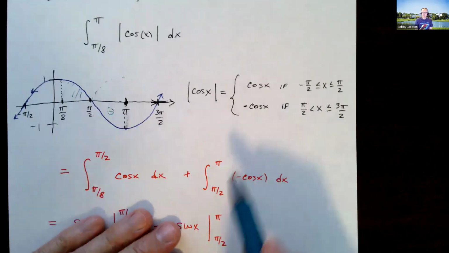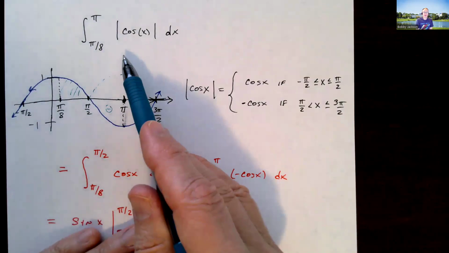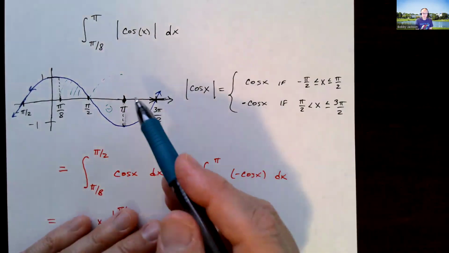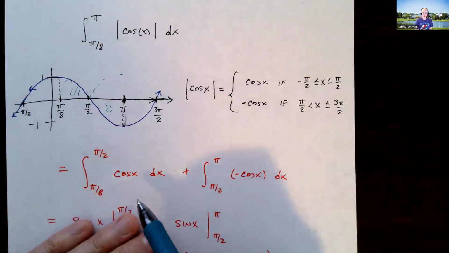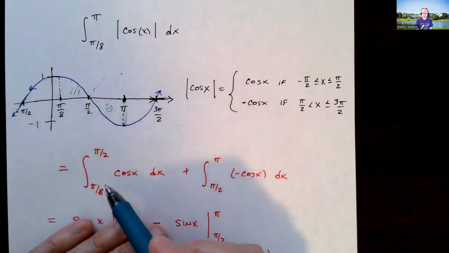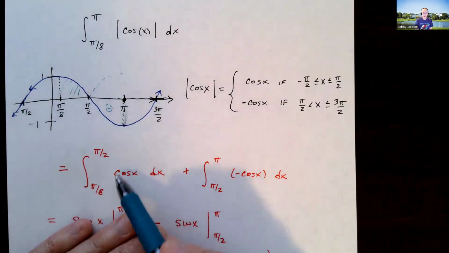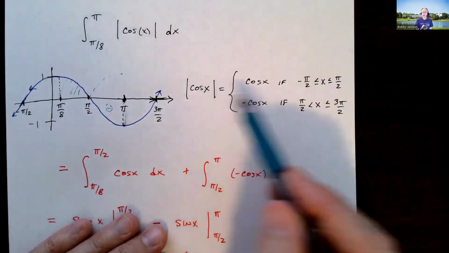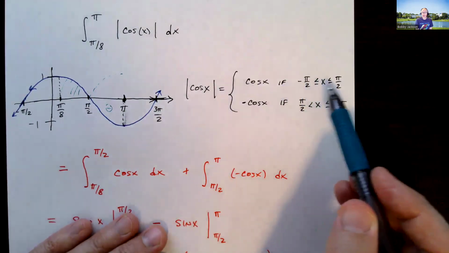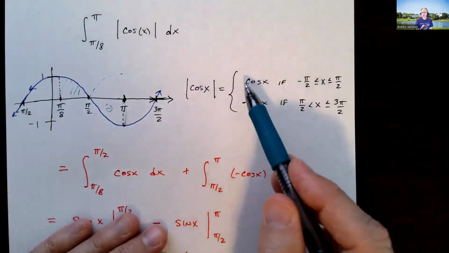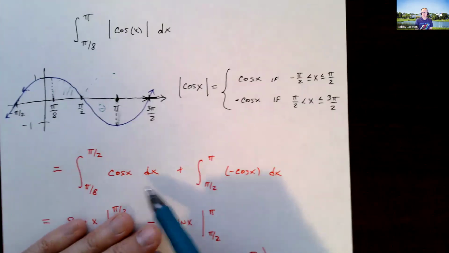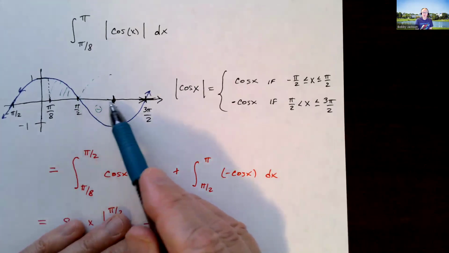So this shows us how to write this integral as a sum, in this case, of 2 integrals without absolute value. So the first integral will go from pi over 8 to pi over 2, and we'll simply integrate the cosine function because, again, for values on that interval, the absolute value of cosine of x is just cosine of x. And then we'll add from pi over 2 to pi.